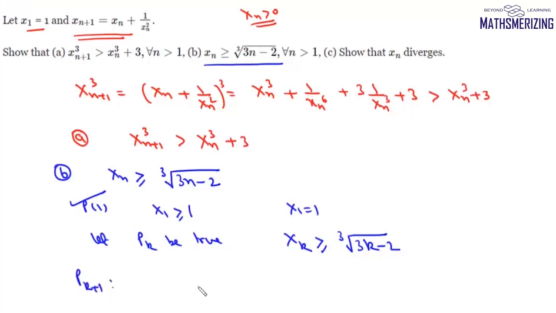Now for pk plus 1, we need to write xk plus 1. Now we know that xk plus 1 cube will be greater than xk cube plus 3, and this xk cube is greater than or equal to this 3k minus 2. So we can write this as 3k minus 2 plus 3.